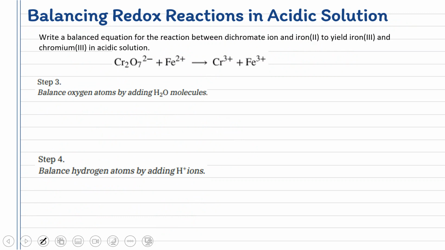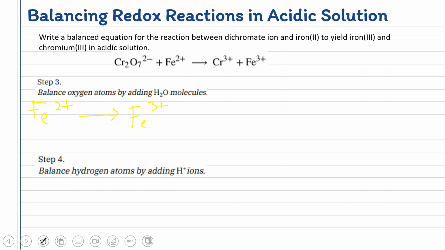That has no oxygen, so it doesn't concern this. Fe is not affected. Fe2+ still exists as Fe2+, and Fe3+ as Fe3+. I'm just repeating what I had in the previous step. What is affected is what has oxygen.